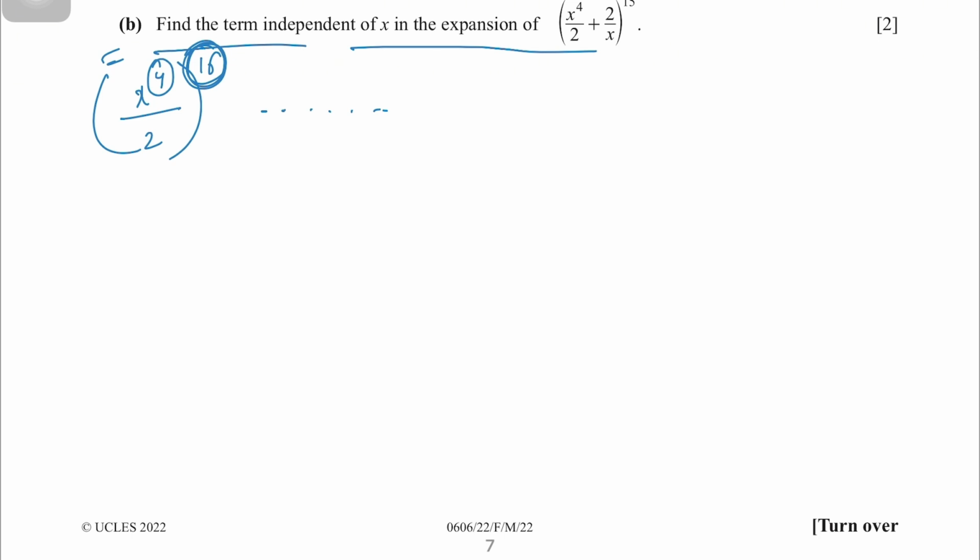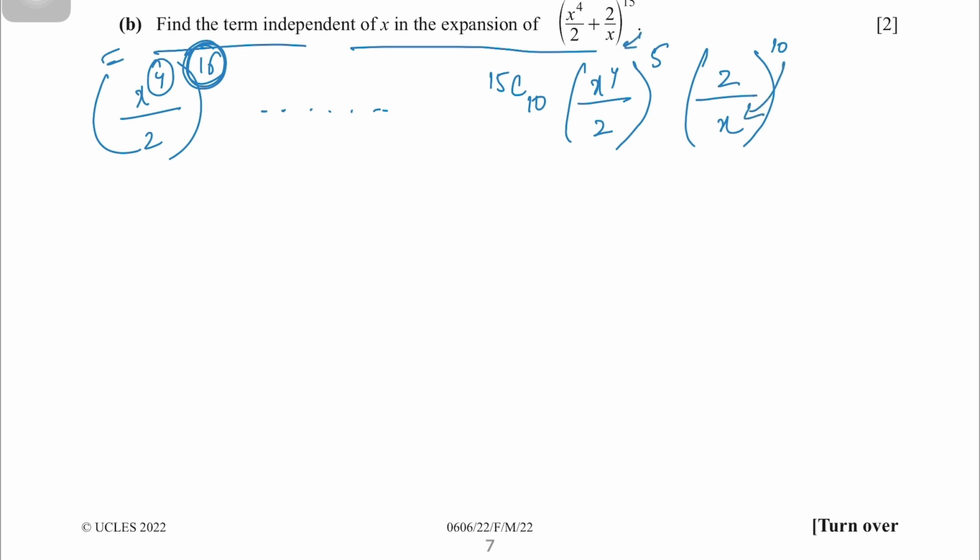Now let's calculate it from 10. So this would be 15c10. This would be x to the power 4 and 2, this power would be 15 minus 10, that is 5, and 2 over x to the power 10. So if we compare it, this would be 20 and this would be 10. So this wouldn't be an independent power.